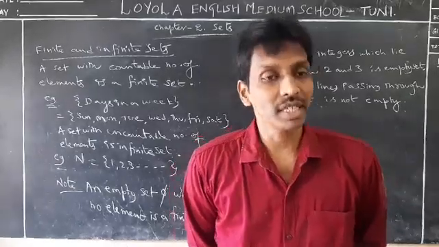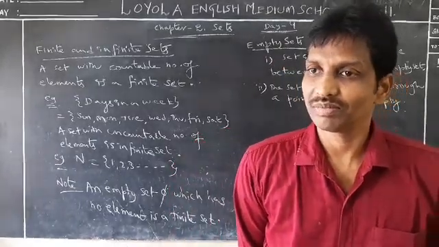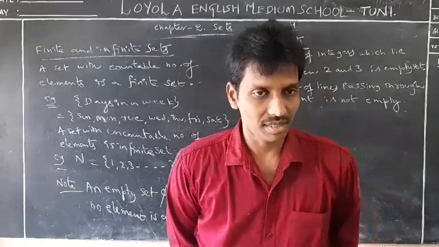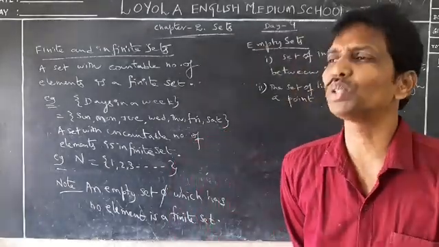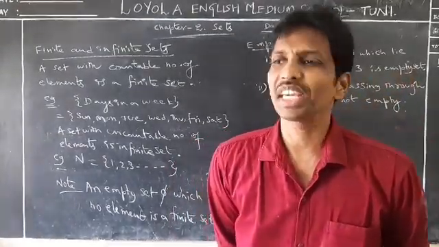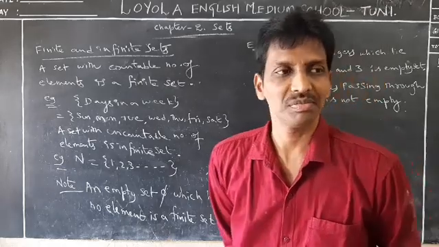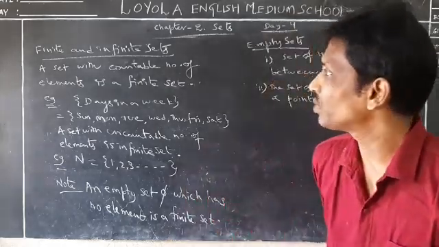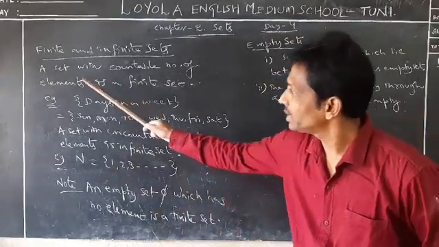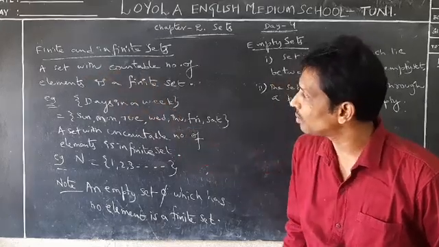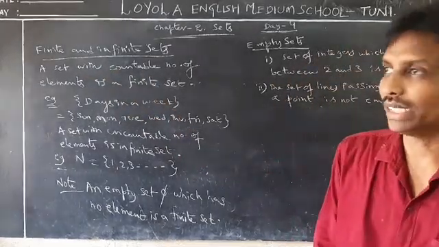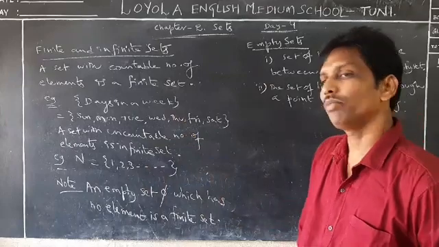How many teachers are working in your school? This is also a finite set. It is countable. If you go through the staff register, we can count how many teachers are working in our school, isn't it? So a finite set means a set with a countable number of elements. Example, days in a week.